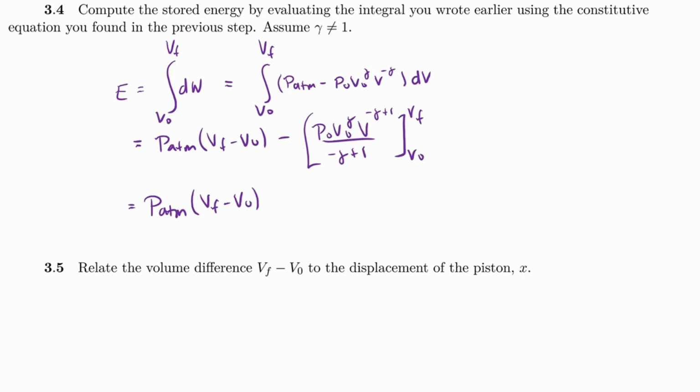So this is going to be equal to P atmosphere times the volume change, minus P0 V0 to the gamma, V final to the minus gamma plus 1 over minus gamma plus 1, plus P0 V0 to the gamma, V0 to the minus gamma plus 1, all over minus gamma plus 1. We could simplify that last term a little bit, but we're not going to bother right now.